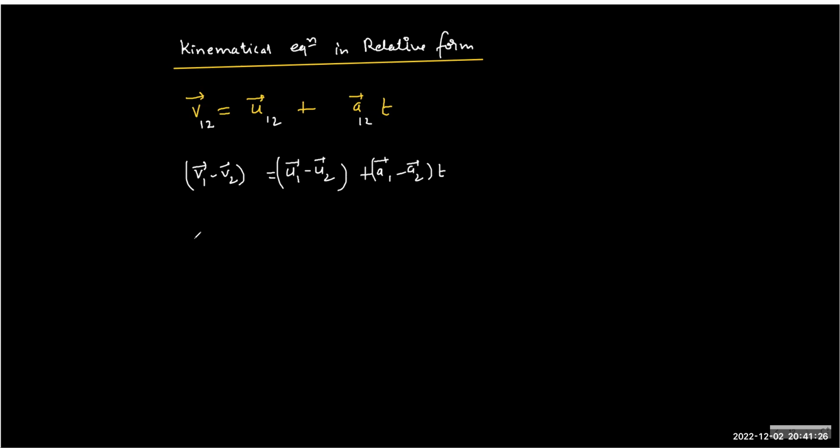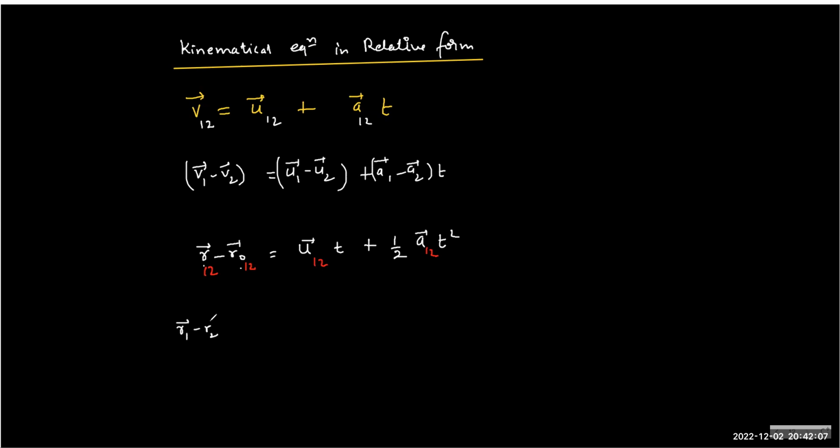Okay, let's write it. What is the second equation? s equals ut plus half at square, but because we have to write in vector form, how do we write? r minus r naught, the final position minus initial position, equals ut plus half a t square. Now to convert this into a relative form, you can add 1, 2, 1, 2, 1, 2, 1. That's it. If you want to expand further, you can expand while solving, but writing it here is not required.